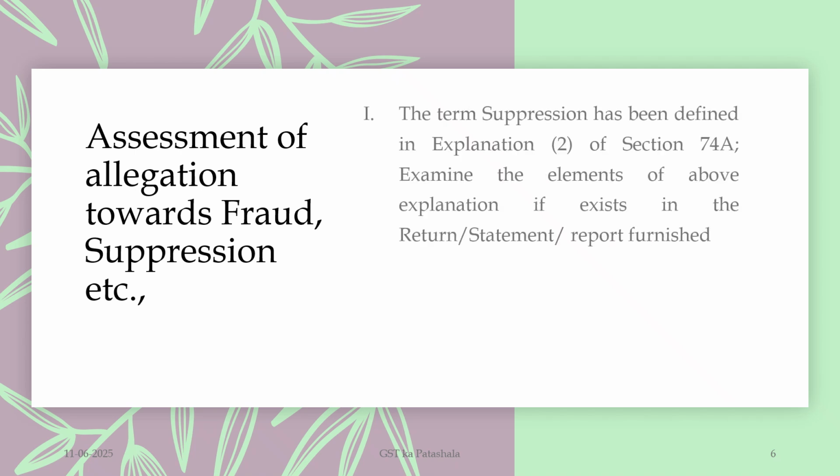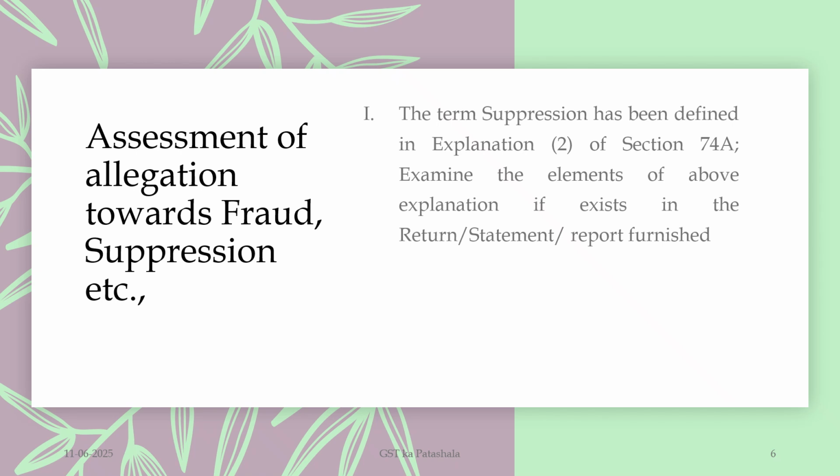Next, assessment of the elements of fraud, suppression, etc., in a notice which has been given. My advice is, please read the explanation given under section 74A, which details what we understand by the term suppression. Just for your understanding, this term is very clear: whenever proceedings are initiated on a taxpayer, the onus is on the proper officer to prove that there exists an intent to avoid payment of tax.